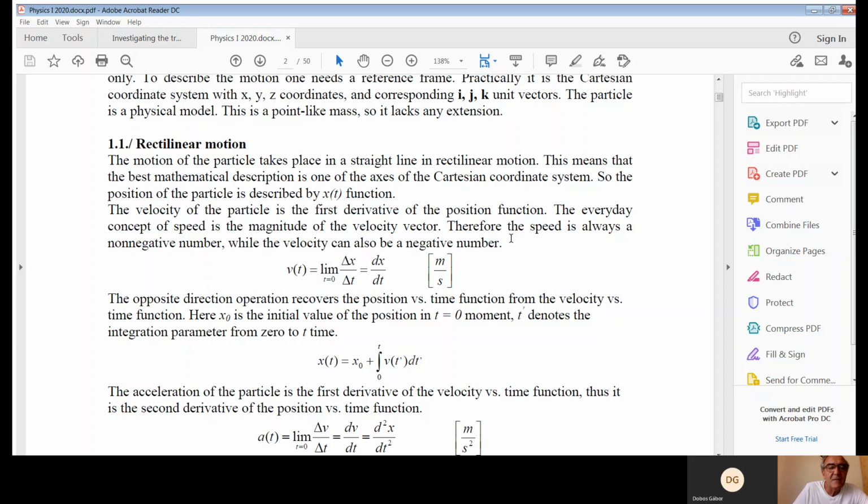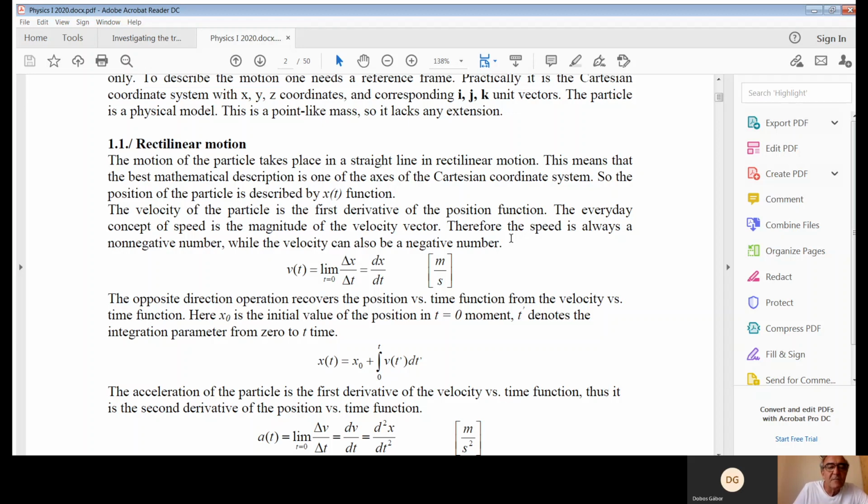It means that it is only an x(t) function, where x is the position, because we choose a coordinate system, an x coordinate, which is parallel with the motion of the particle.